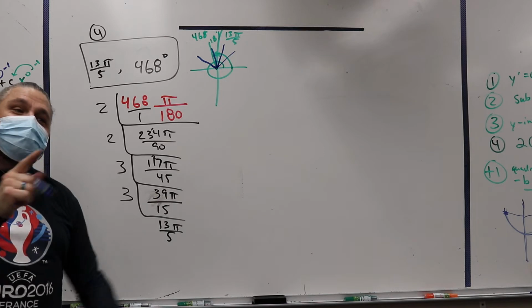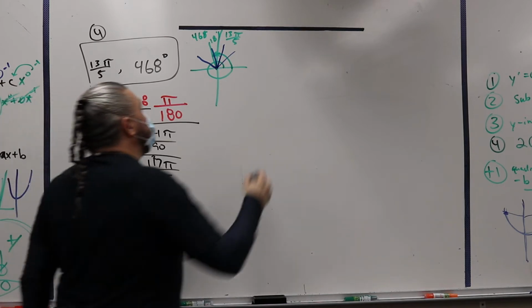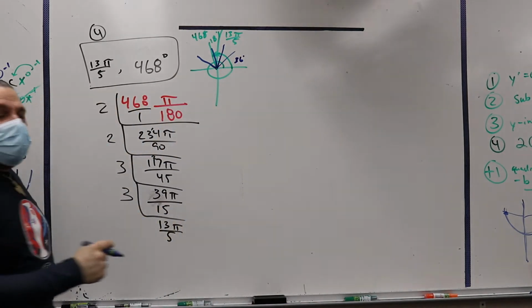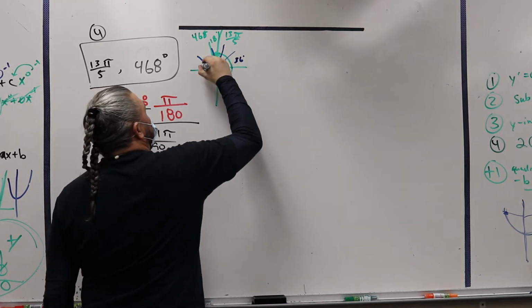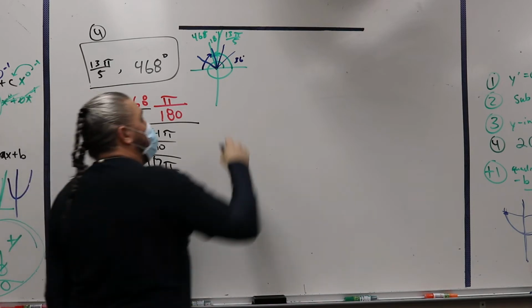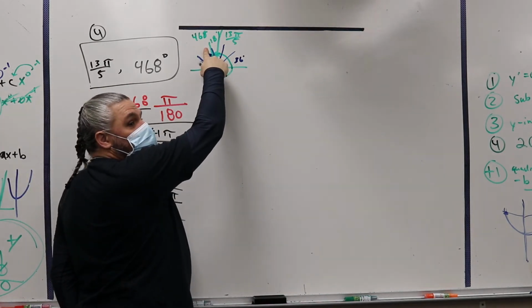And each piece is how much? 36 degrees. Okay? And so how many pieces of 36 are there to get me up to that radians? 1, 2.